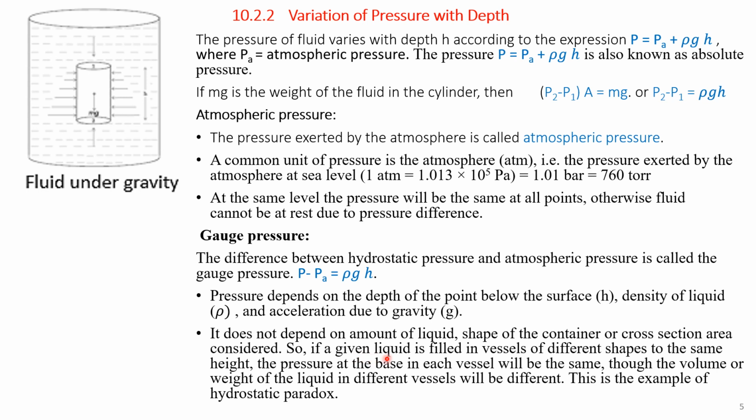So, if a given liquid is filled in vessels of different shapes to the same height, the pressure at the base in each vessel will be the same, though the volume or the weight of the liquid in different vessels will be different. This is the example of the hydrostatic paradox, and figure 2 at the bottom illustrates it. The three vessels A, B and C contain different amounts of liquid, all up to the same height.